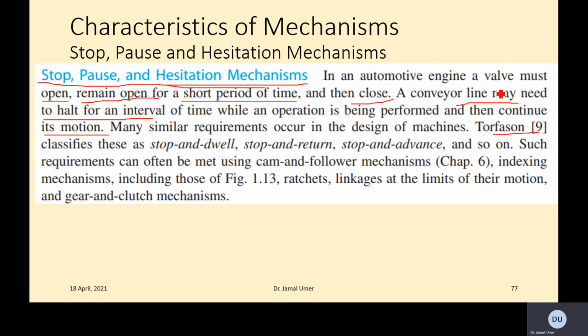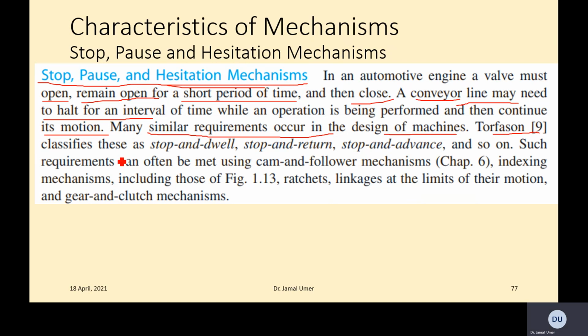This is another example where intermittent or stop-and-play work is required. The conveyor line has to stop for some time and then move again. Many similar requirements occur in the design of a machine.